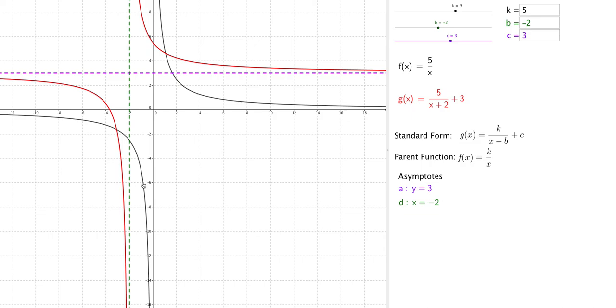Let's go here. It is shifted 2 to the left, and up 3. So this point is shifted to here on the graph. And you can look at the origin, that makes it easier. It shifted 2 to the left and up 3. And that's the place where both graphs meet.